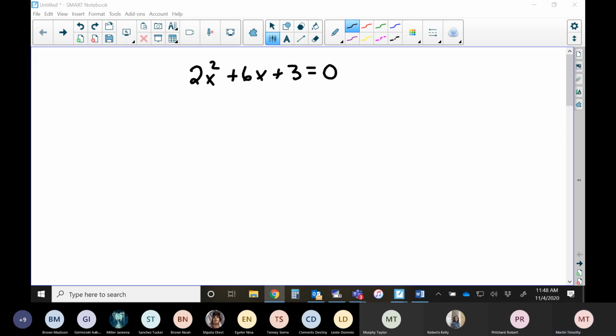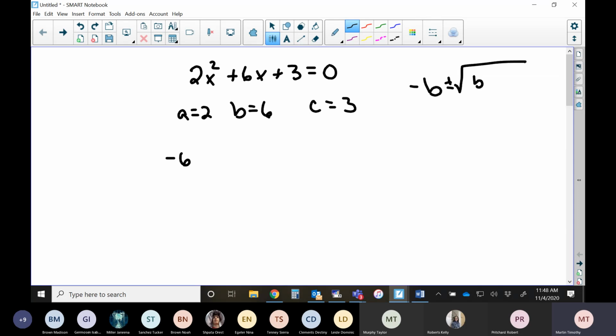All right. So if it was me, I label them. A equals 2, B equals 6, C equals 3. Then I would do opposite of B, negative 6, plus or minus the square root, B squared minus 4AC, all divided by 2A.